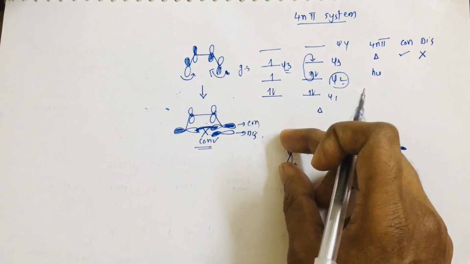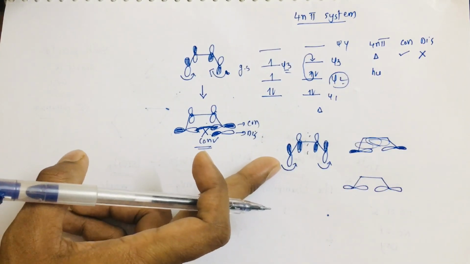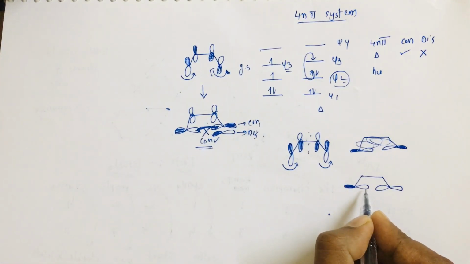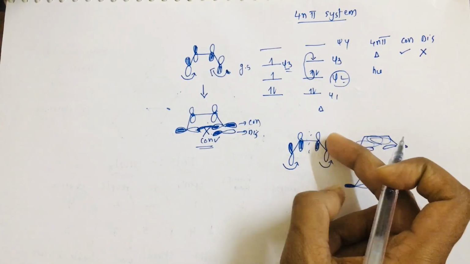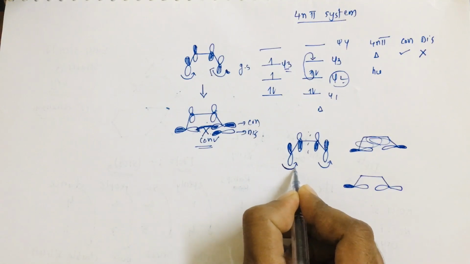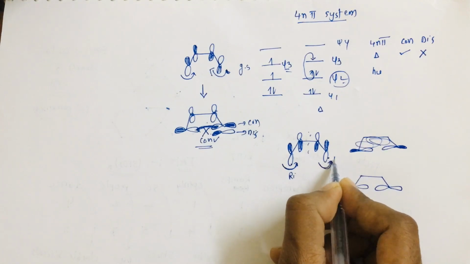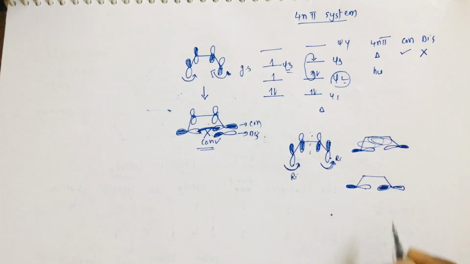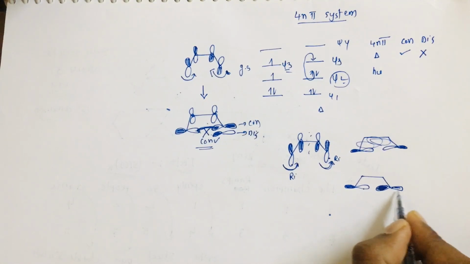See, this one we are rotating this way, going from this side to this side. That means filled one comes here, unfilled one comes here. Okay, and this one we are going this way. That means this orbital goes this side. When we are rotating this one, this comes towards your right hand side. When we are rotating this one, this comes towards your right hand side. So this is the right hand side, and this is the right hand side. So this is a filled orbital. Okay, we are rotating this one this way. That means here filled, here unfilled is coming.